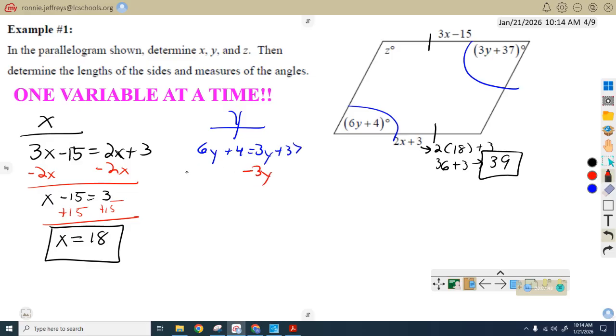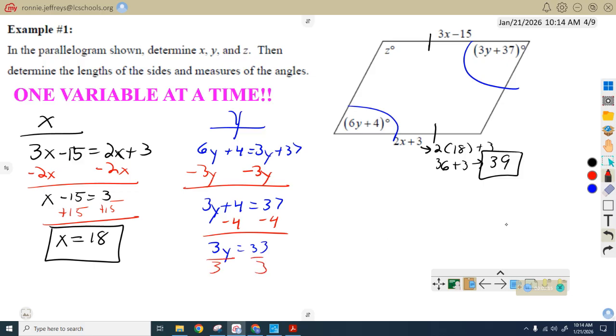Minus 3y, minus 3y. So 3 equals 33. Alright, so y equals 11.